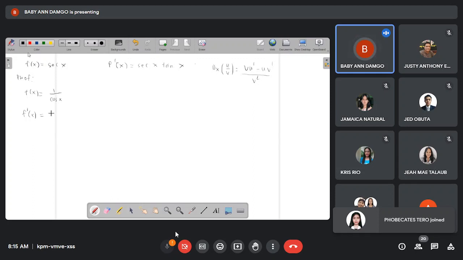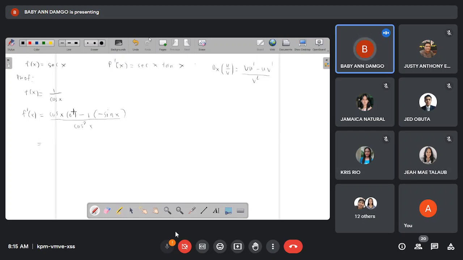So this is cosine x times the derivative of a constant, which is 0, minus 1 times the derivative of cosine x, which is minus sine x, all over cosine squared x.